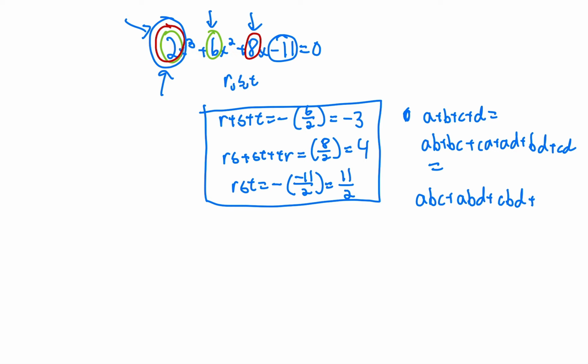Which one am I missing? Yeah, acd. And then this would be this term, which is not here because in the quartic case it would be the x term, and that would be a negative of that coefficient divided by the coefficient at the front. And then abcd, there's no negative again, and then we have that. So those are Vieta's relations.